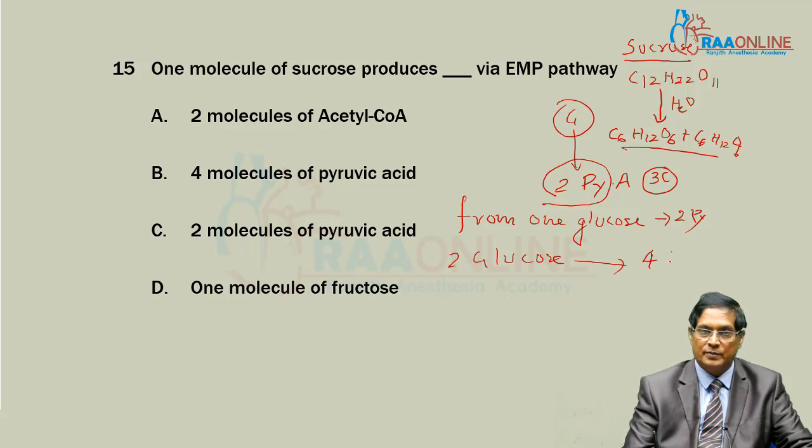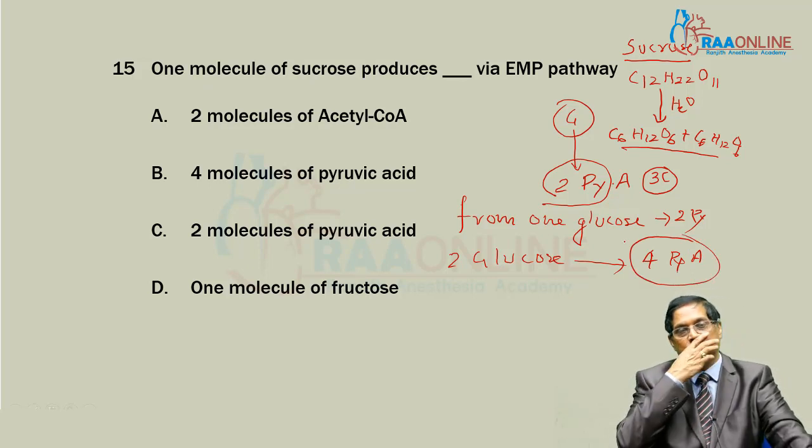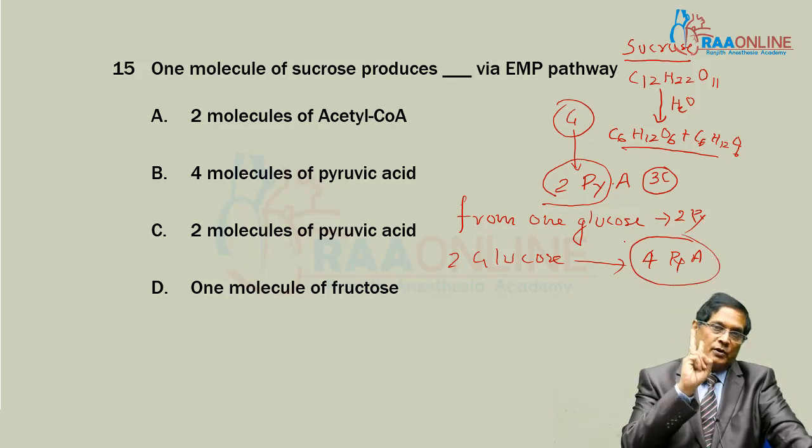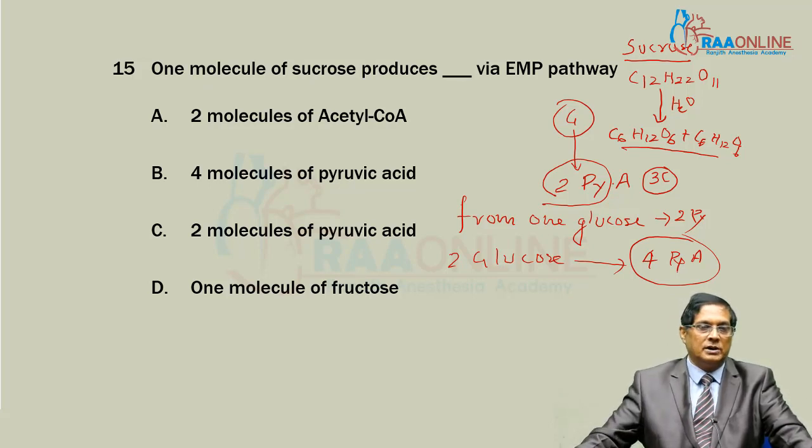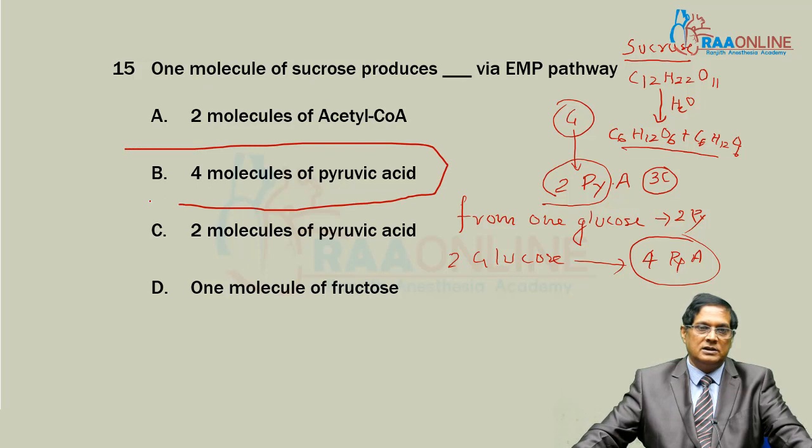That is 4 pyruvic acids formed. Sucrose splits into 2 glucose and each glucose provides 2 pyruvic acid. Sucrose is converted into what? 2 molecules of glucose and each one gives 2 pyruvic acid. So the total number of pyruvic acid or pyruvate is 4 from one sucrose molecule.